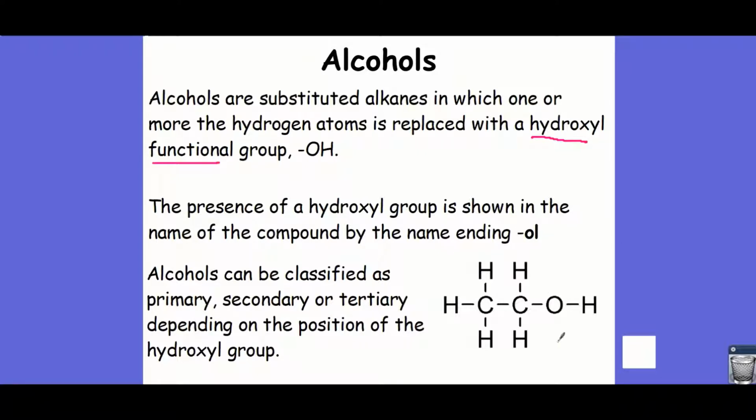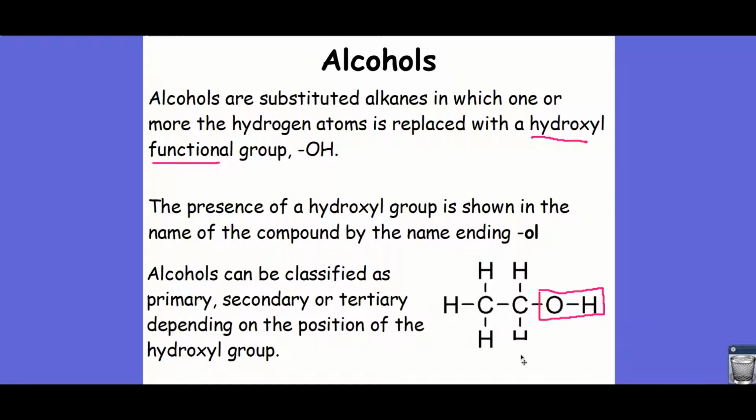So if we look at the example we've got here, we've got two carbon atoms, so it is ethanol. And because the carbon atom that our hydroxyl group is attached to has two hydrogen atoms directly attached to it, this is a primary alcohol. You may see different sorts of alcohols.